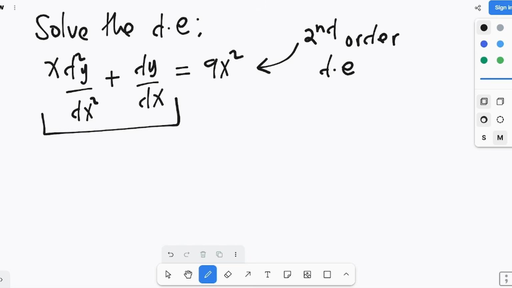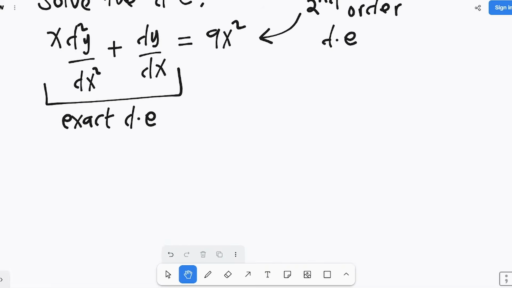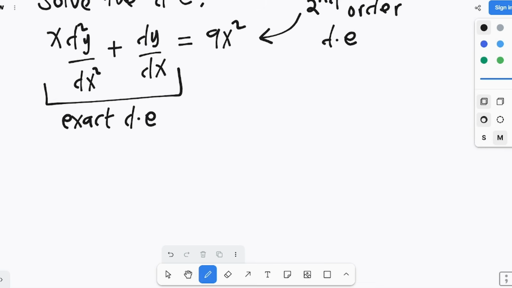Now, if you keenly see this part, it is exact, very beautiful. You can identify that it is exact, meaning it comes from some derivative. Which derivative is that? Stick with me till the end and you'll understand this very well.